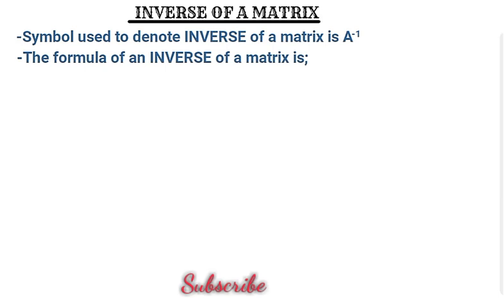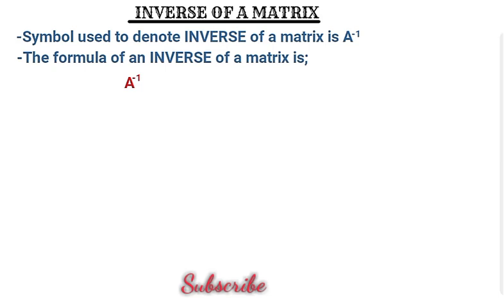Second, I'm going to share with you the formula for the inverse of a matrix. Remember, here we are taking into account that the matrix given is A. A is just the name of the matrix.